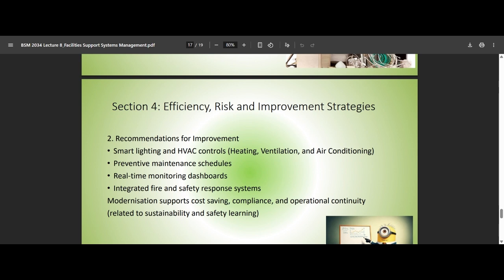Modernization supports cost saving, compliance, and operational continuity. However, modernization is also costly. So this is where we need to find a balance, whether the modernization cost is sustainable.